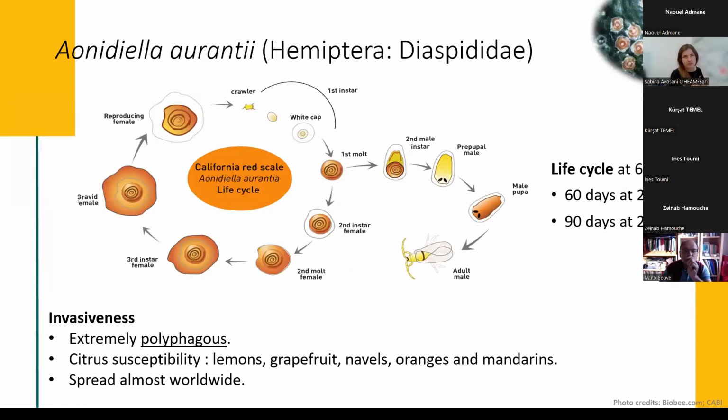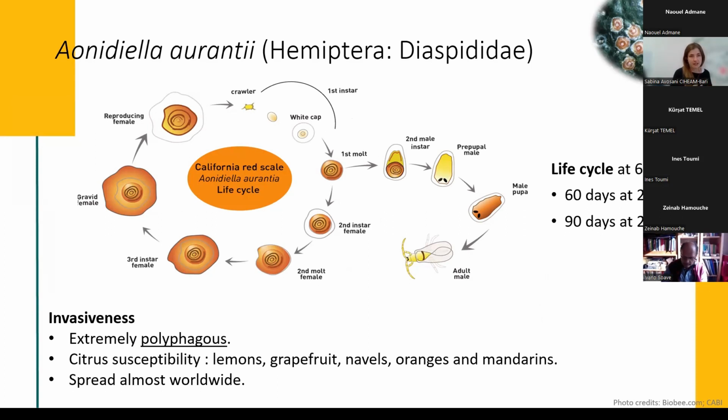This scale, as you can see, has a quite complex, in many cases multi-staged life cycle that can take from 60 to 90 days to complete one generation, depending on the temperature.